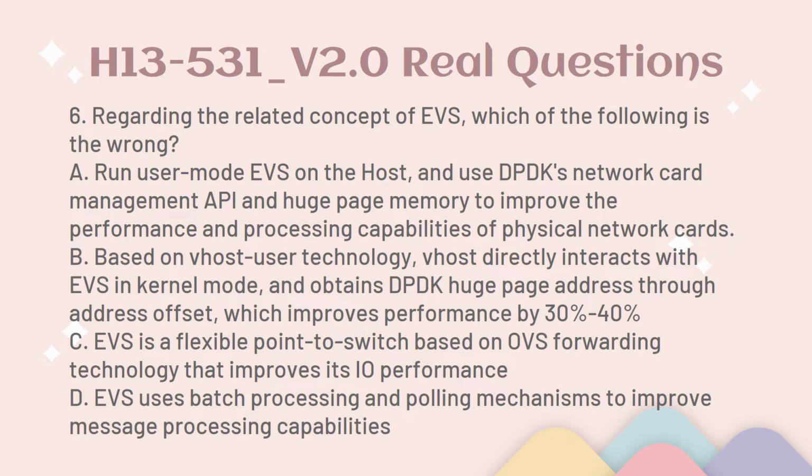B. Based on vhost-user technology, vhost directly interacts with EVS in kernel mode, and obtains DPDK huge page address through address offset, which improves performance by 30%–40%. C. EVS is a flexible switch based on OVS forwarding technology that improves its I/O performance. D. EVS uses batch processing and polling mechanisms to improve message processing capabilities.